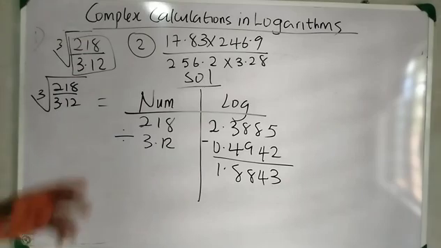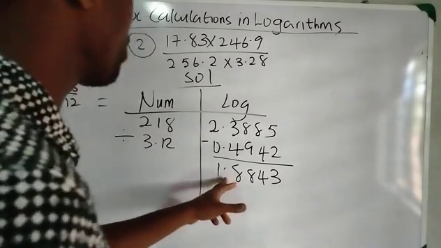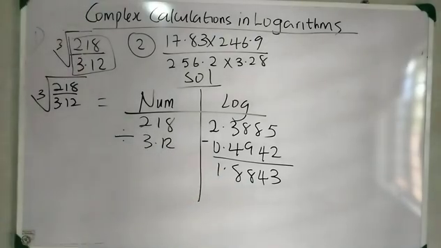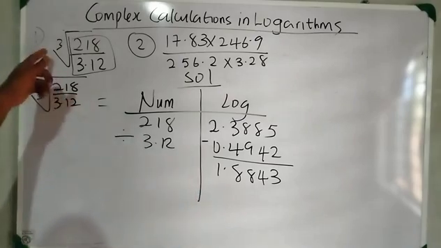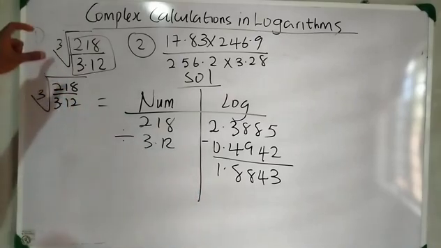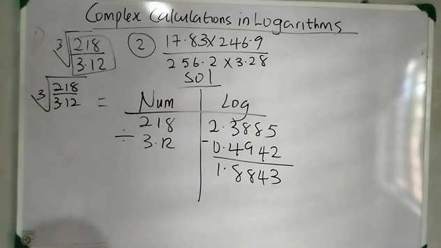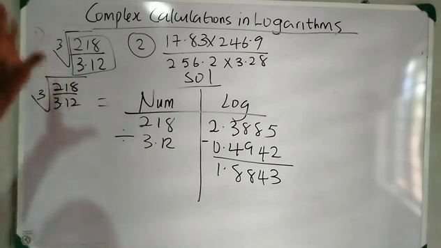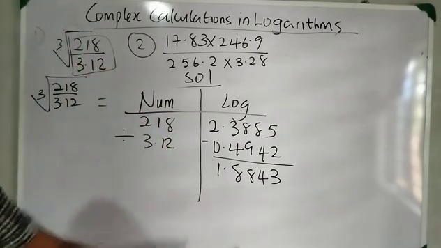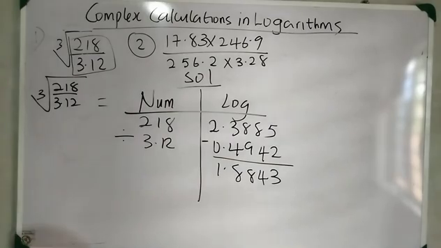What do you think? Should we convert now from logarithms back to number? The answer is no, not yet. Why? Because we have not finished solving all the operations. So we still need to solve for this cube root operation before we know we are done solving and can convert our final answer in logarithm. I hope that makes sense.